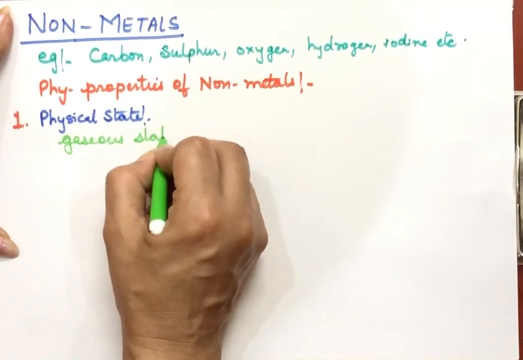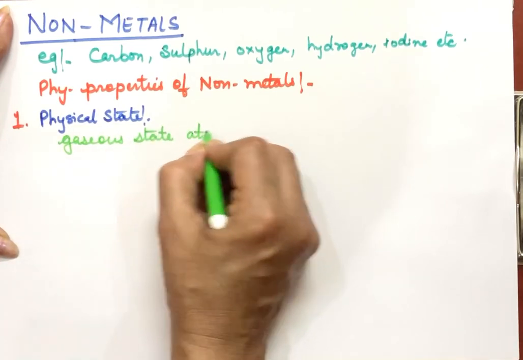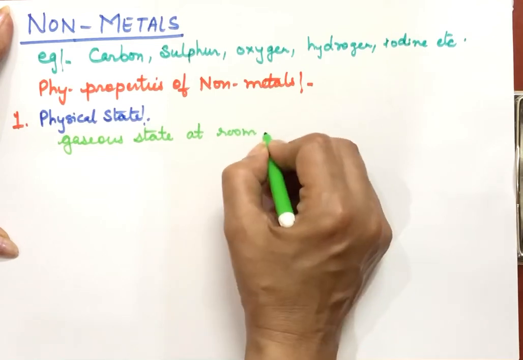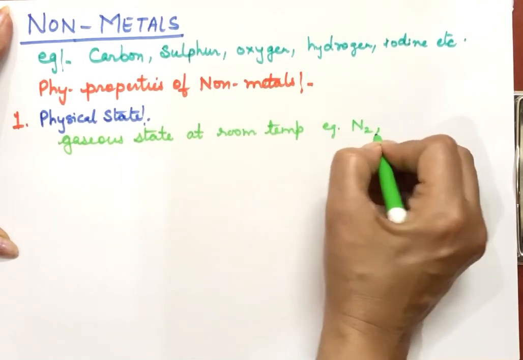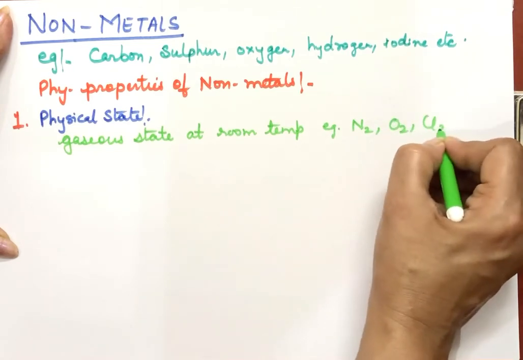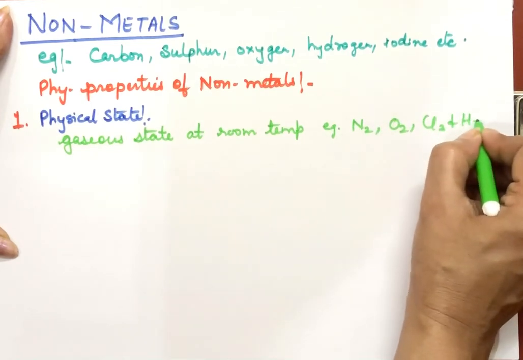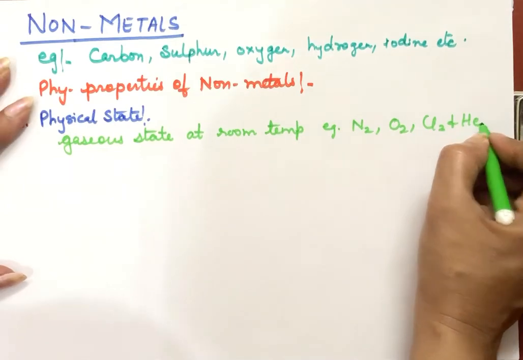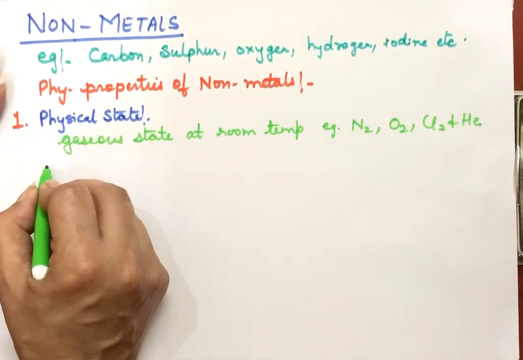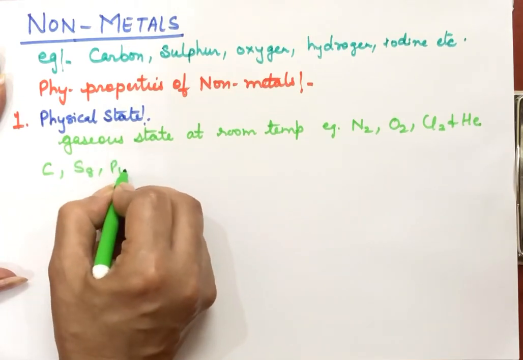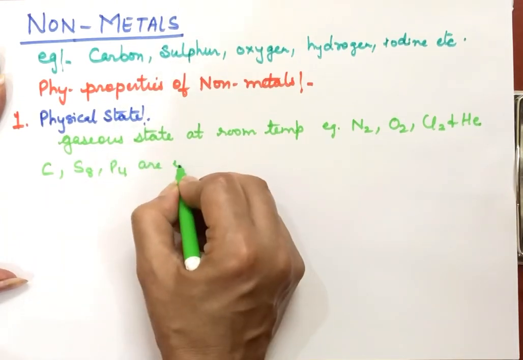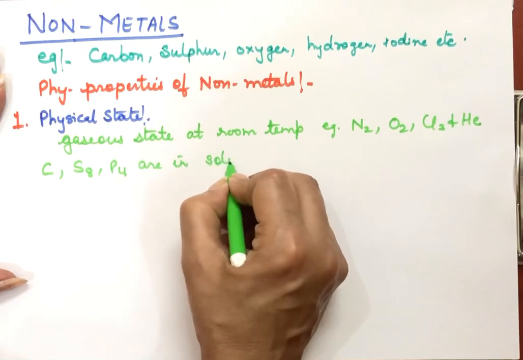Some examples of nonmetals in a gaseous state at room temperature are nitrogen, oxygen, chlorine, and helium. These are in a gaseous state at room temperature. But some of the nonmetals like carbon, sulfur, phosphorus are in a solid state at room temperature.